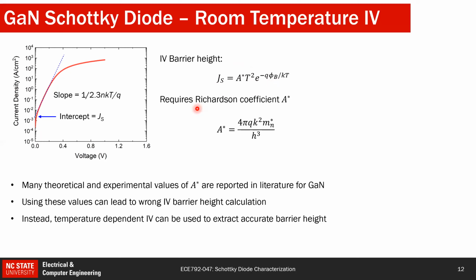As I said, we need this A star, and you need some theoretical values, or there are a lot of experimental values that people have found. If you put those values from other literature, it can lead to a wrong IV barrier height calculation. So the other method to measure the barrier height is to use a temperature dependent IV, and I'll show in the next slide how to do that.